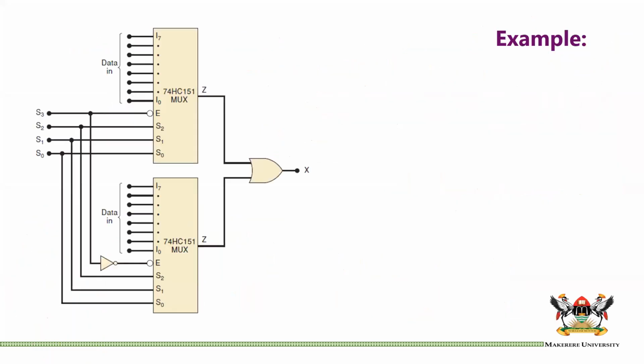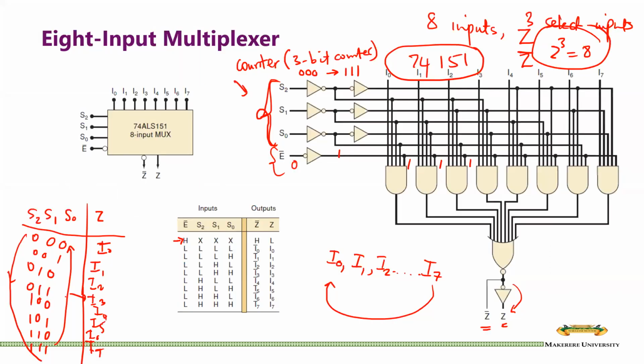Let us look at this example. How does this work? Here we have the 8 input multiplexers, the 151. You have your 8 inputs, you have your enable input, and you have your 3 select inputs, and you have an output that is inverted, and your normal output.